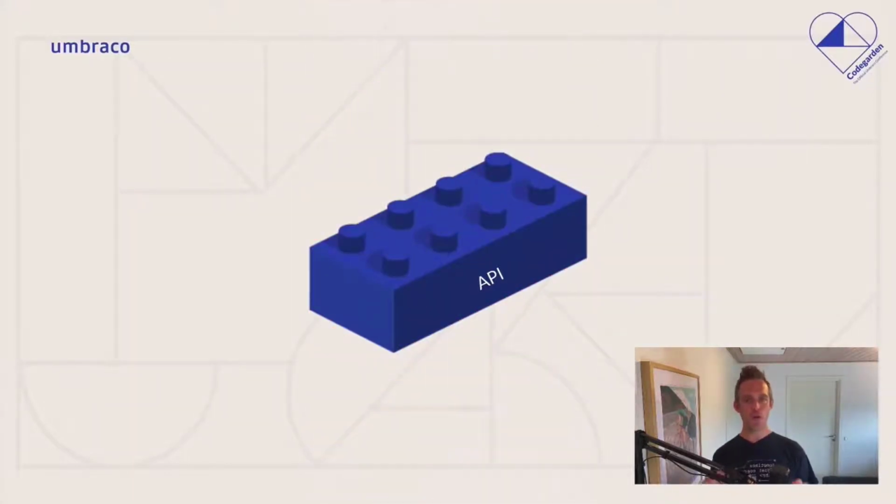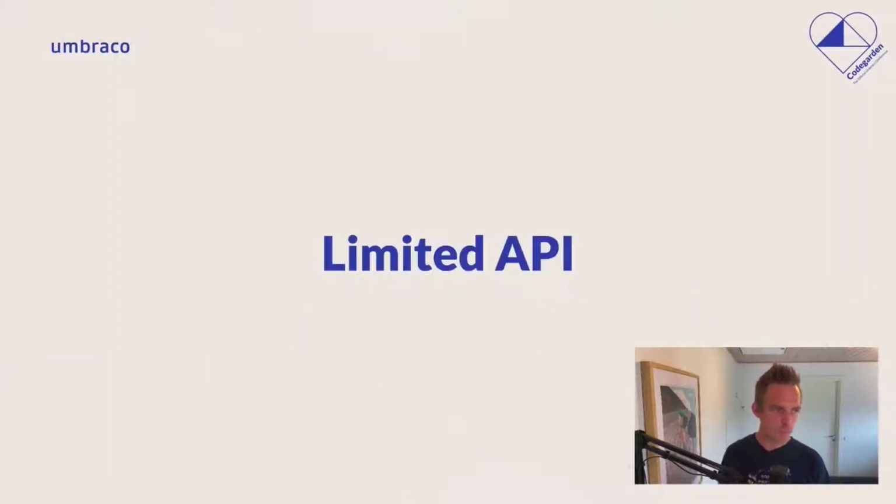But today, we're here to talk about the API layer. The API is how you extend BackOffice, how you build custom property editors and dashboards and all of that stuff, all the power and the flexibility that you have as a developer. That's what we're here to talk about today.